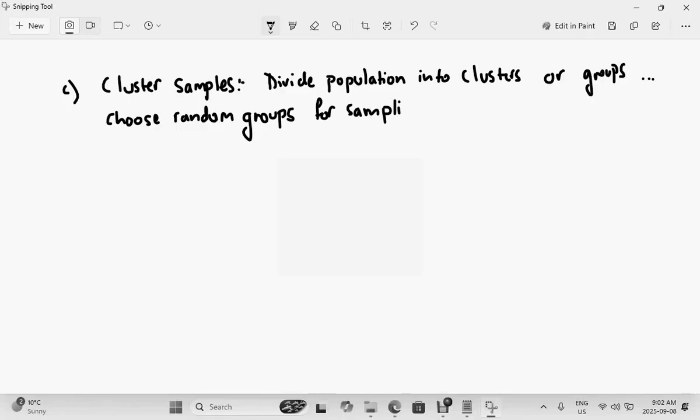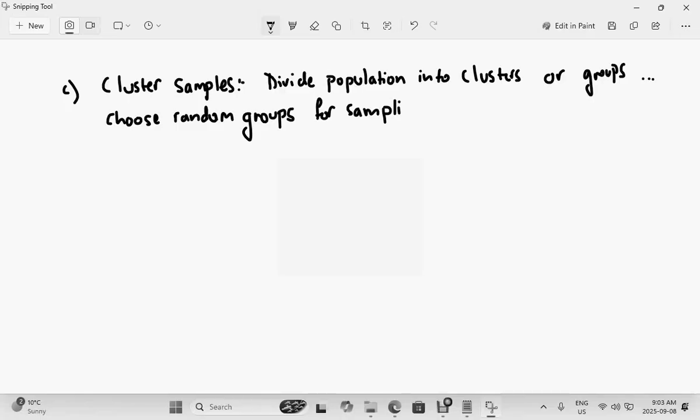In that case, the employer may decide to divide these employees into different groups, possibly based on the departments they work in. The employer may choose a certain number of departments, based on the number of people wanted for the sample. All the members of those departments may be part of the sample.